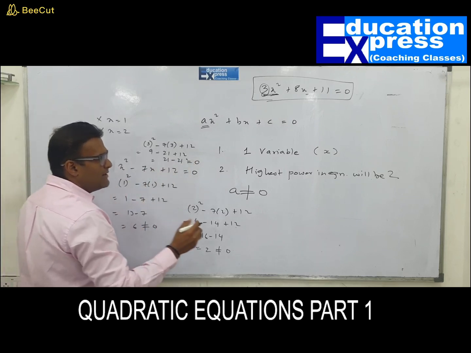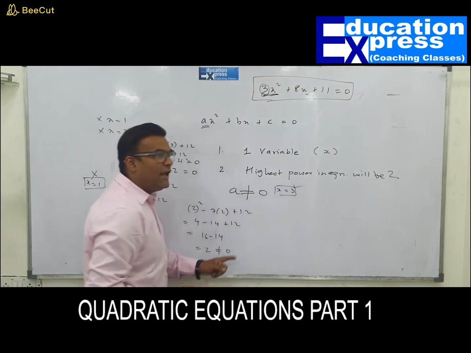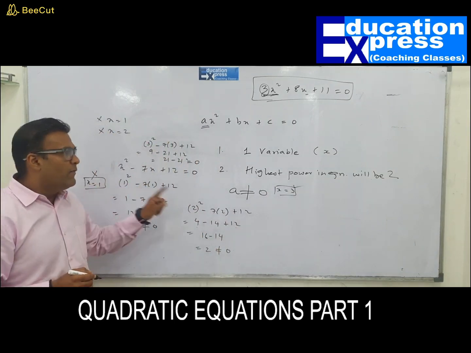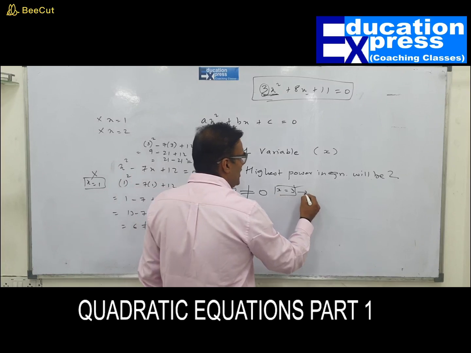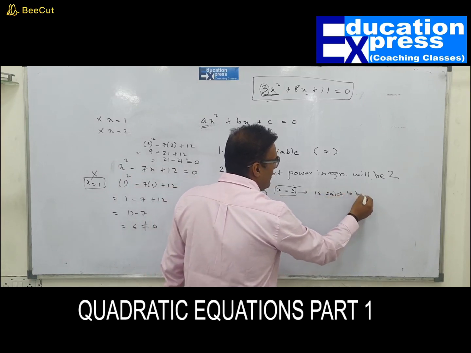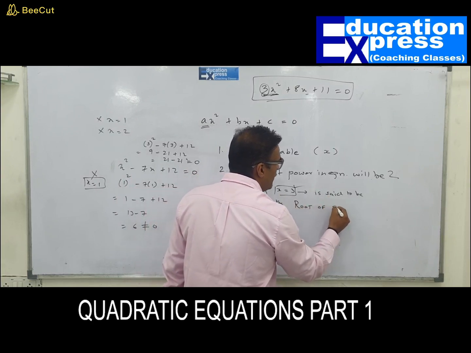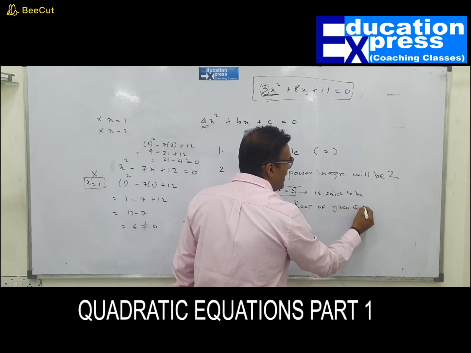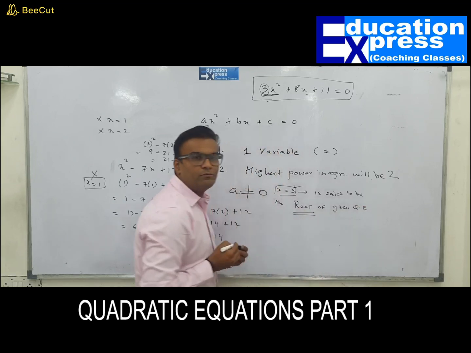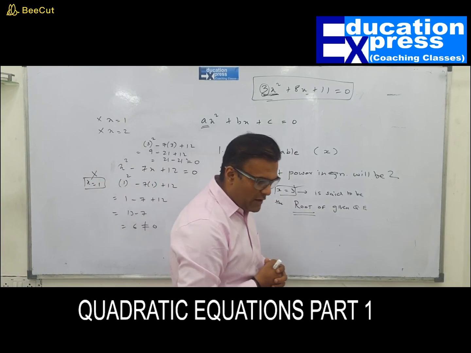Wow, that means x equals to 3 is absolutely fitting into the given equation. Therefore, x equals to 3 is said to be the root of given quadratic equation. Root. What we have found is basically the root of the quadratic equation.